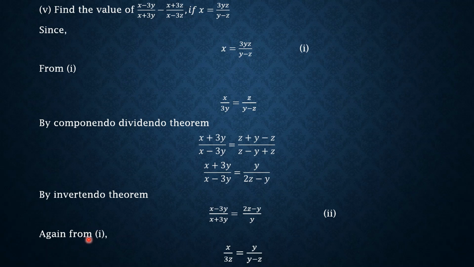Now again using equation 1, we have x over 3z equal to y over (y - z). Come to the first equation, which was x equal to 3yz over (y - z), and our next fraction is (x + 3z)/(x - 3z). This means x is the numerator and 3z is the denominator of the next fraction. So we will find the value of x over 3z, which will equal y over (y - z) from equation number 1.